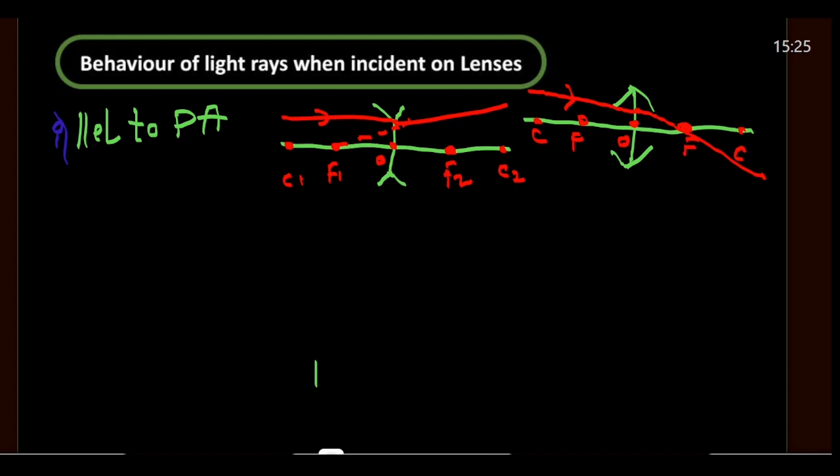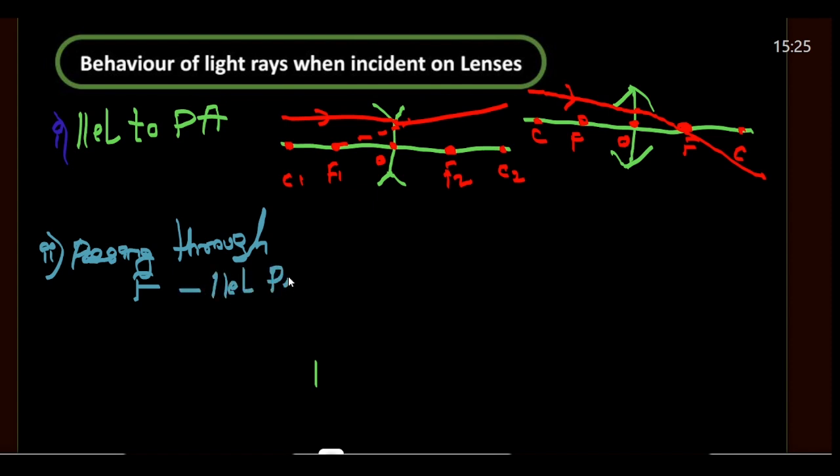This is the first case. The second case: if a ray is passing through the focus, then the refracted ray will be parallel to the principal axis.